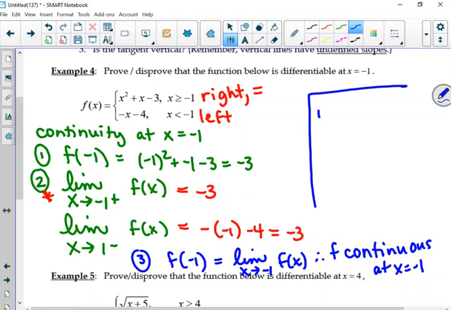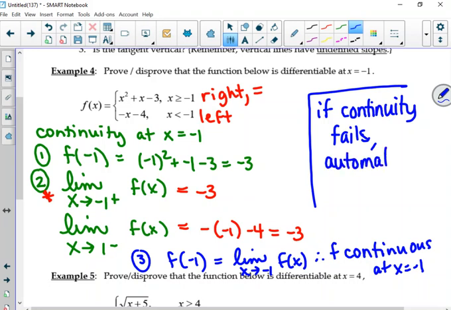I'll make a little note here. If continuity fails, we are automatically not differentiable.